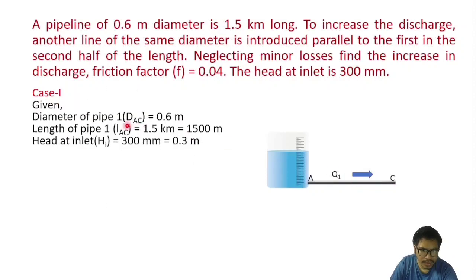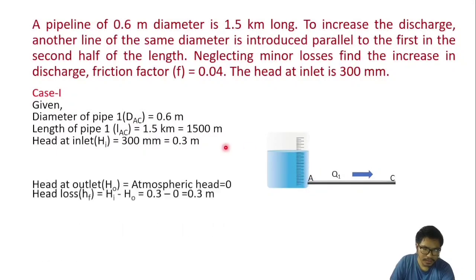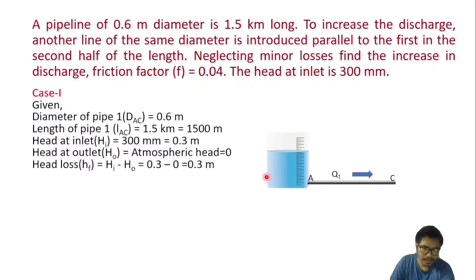In the first case the diameter is 0.6 meter, the length of pipe is 1.5 kilometer, that is 1500 meter. The head at inlet, that means the head at A, is 0.3 meter. The head at outlet is, since the outlet is open to atmosphere, so the pressure head is 0.